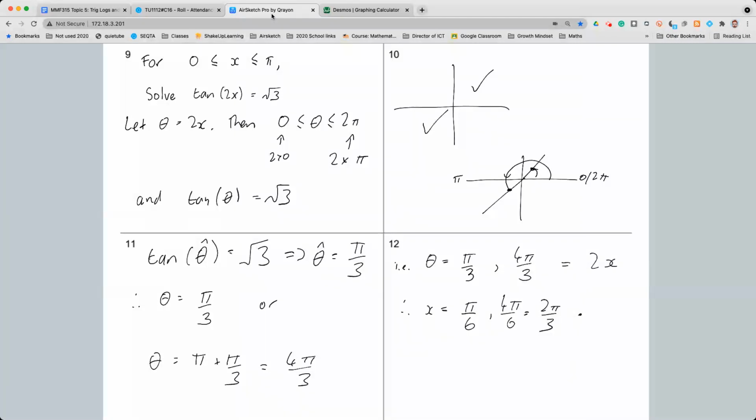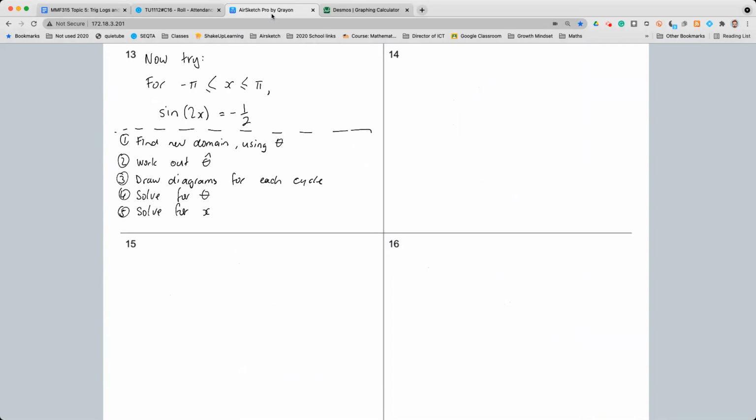Okay, what's the time? I'm going to give you a third example here. I'm not going to go through this. I'm going to pause the video in a second and give you an opportunity to have a go yourself. This is different again because we haven't looked at sine of 2x. It's equal to minus a half.